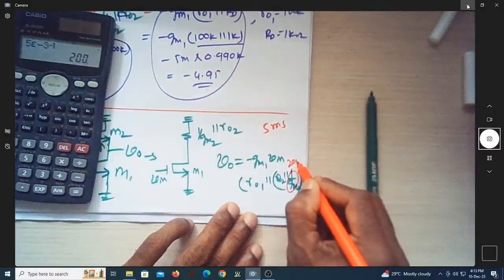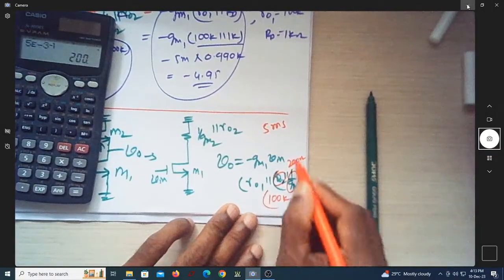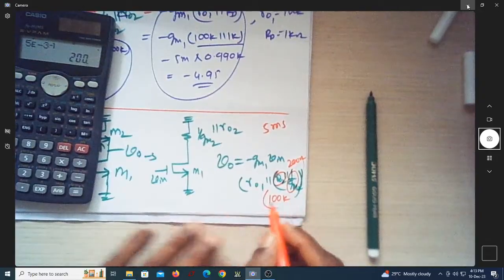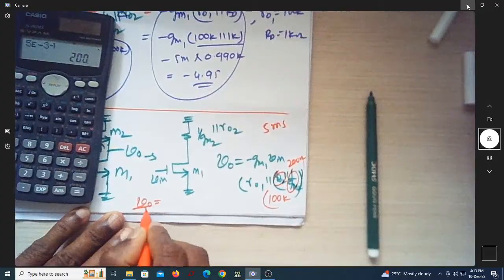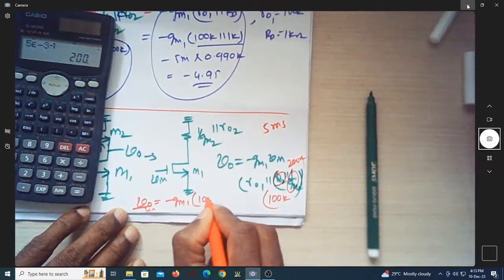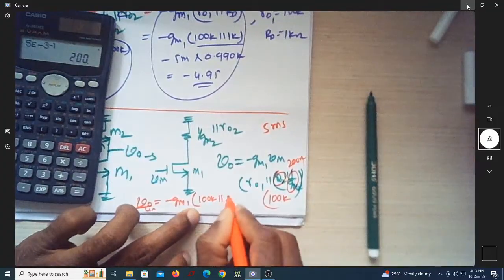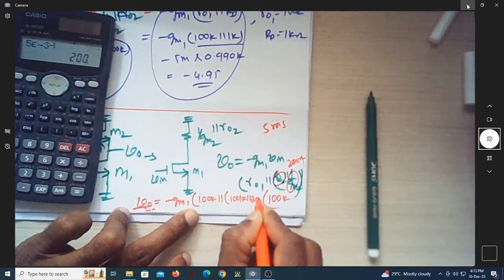So this is 200 ohms in parallel with 100k, and that whole thing in parallel with 100k. So V0 by Vin is equal to minus gm1 times 100k in parallel with 100k in parallel with 200 ohms.